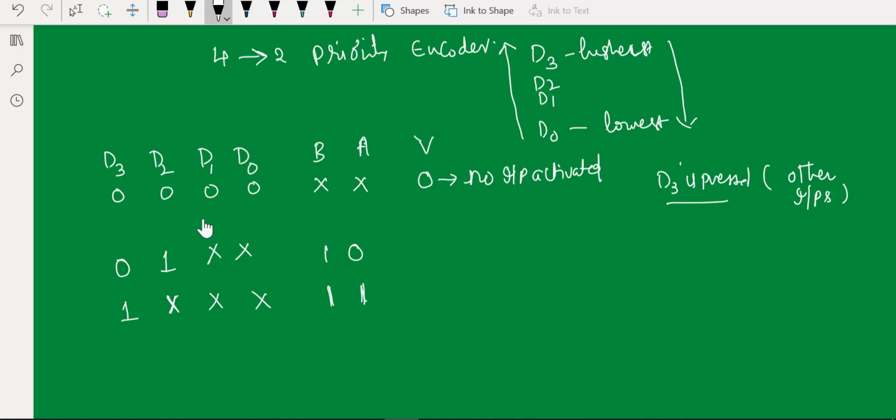Similarly, if I press D1, provided your D3 and D2 are not pressed, in this case you don't have to consider D0, whether D0 is pressed or not. You are going to get 0 1.